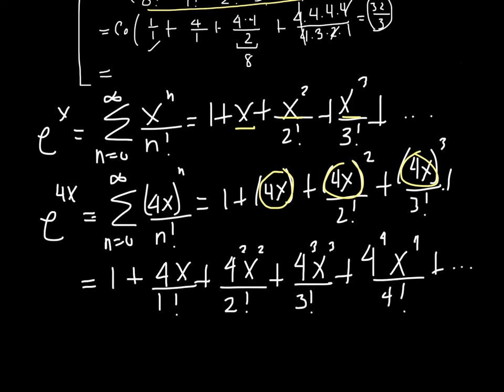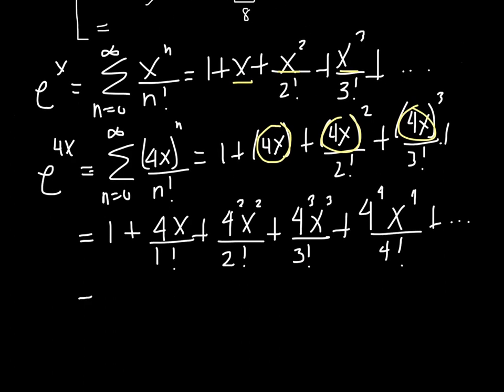I know this looks very similar. It's familiar to e to the x because I have x to some power over factorial. I have my factorials, which are really the same numbers here. The only difference is that 4.